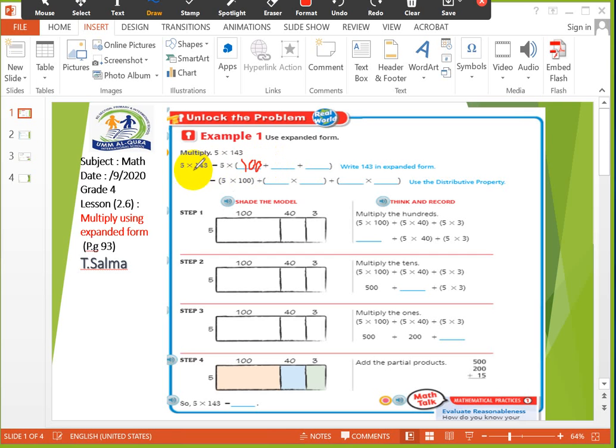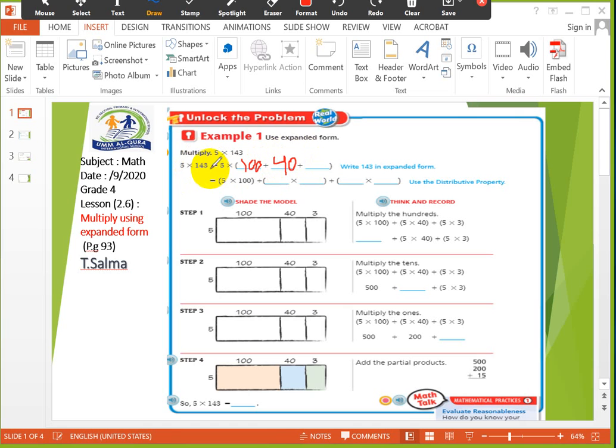Plus 4 in the tens digit. To find the value of this 4, I will multiply 4 with 10. That means 4 multiply 10 equals what? 4 multiply 10 equals 40. Thank you, girls. That's right.